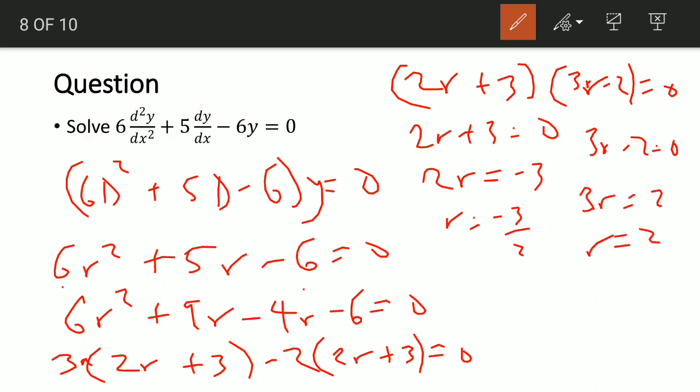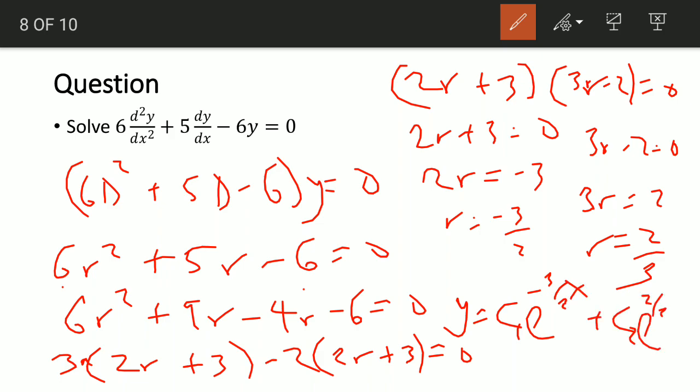That means r is equal to 2 over 3. So with this, we have our final answer. The general solution will be y equal to c1 exponential minus 3 over 2 x, then plus c2 exponential 2 over 3 x. That is beautiful. That gives us the answer to that question.